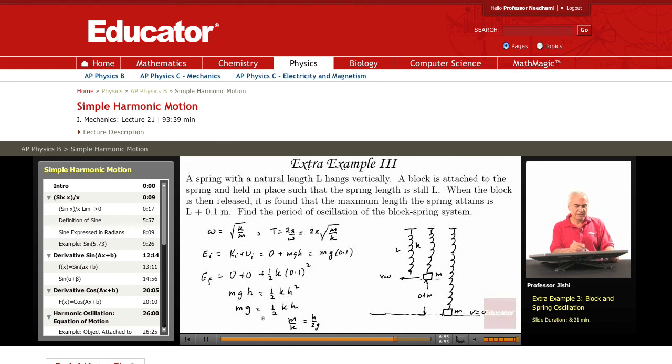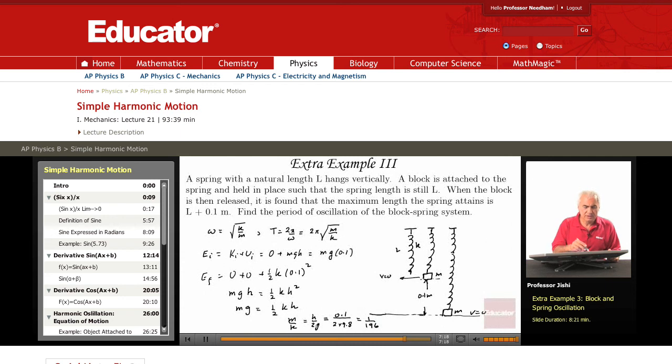Now, h is 0.1, and this is 2 times 9.8. So this is 0.1 over 19.6, which is 1 over 196. This is m over k.